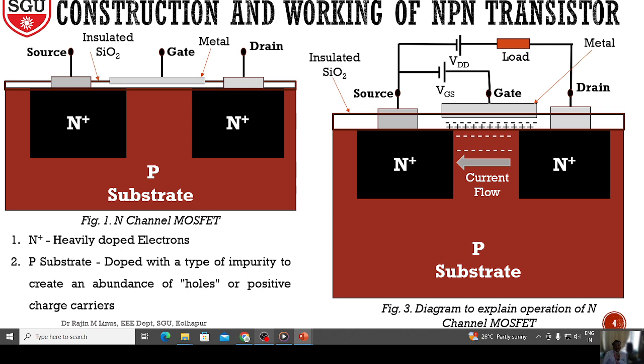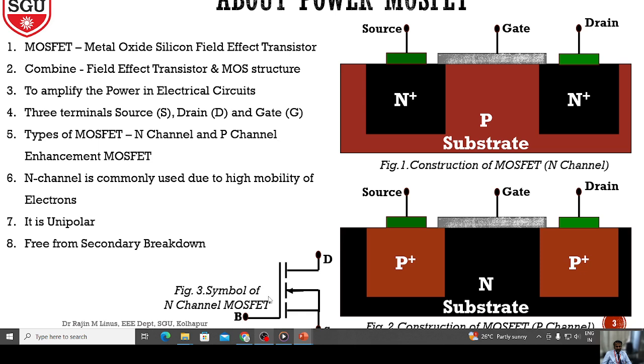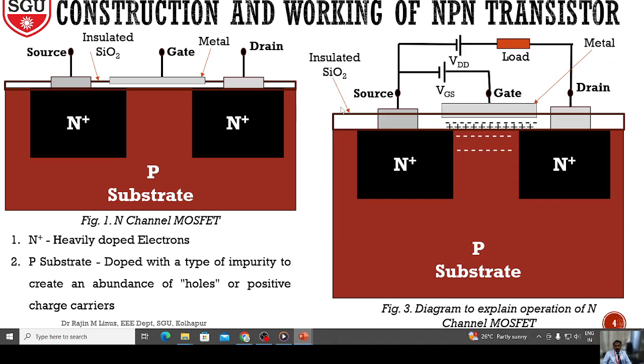Likewise, the current flow can be controlled. The current flow direction is source to drain, which is why in the previous slide I showed the arrow mark towards source to drain. The electron flow is from source to this side, and the current flows in the opposite direction, so the current flow in the outside will be source to drain.